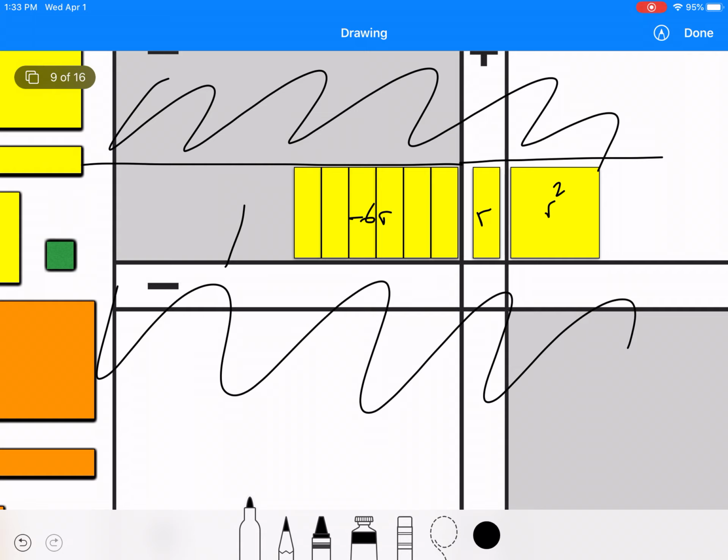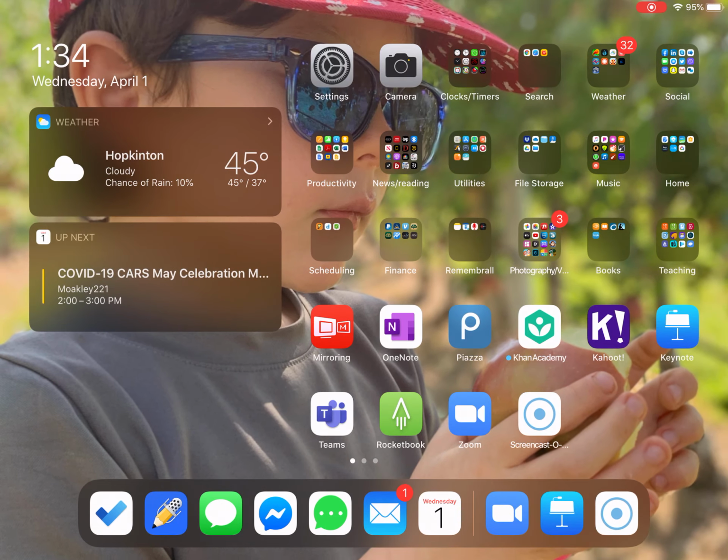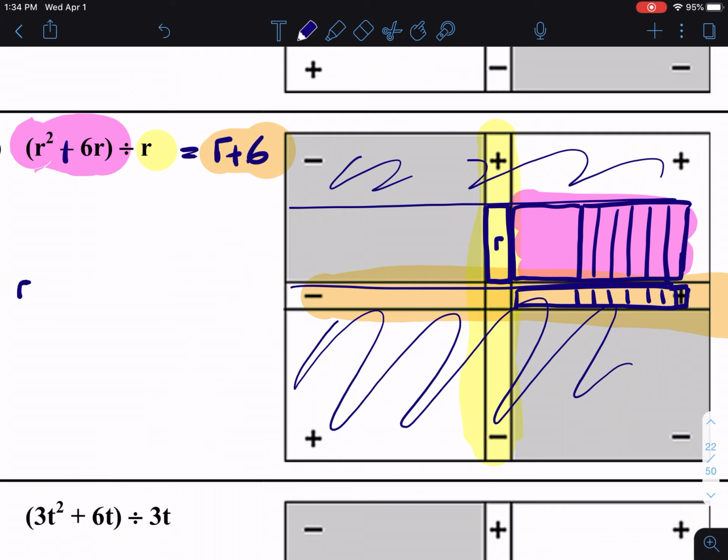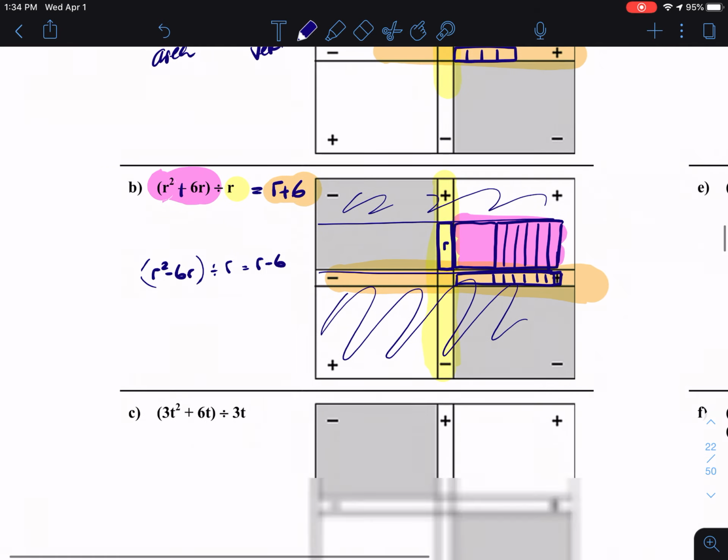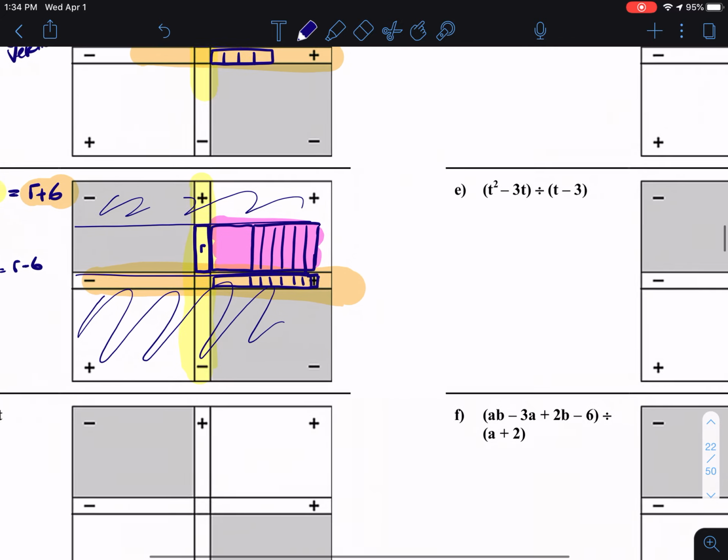We have the r, which is our one factor. And what we want to know is we want to figure out what this factor is. So that would be the r and the minus 6. So let's go back in here and let's say that r squared minus 6r divided by r is r minus 6. Same idea.